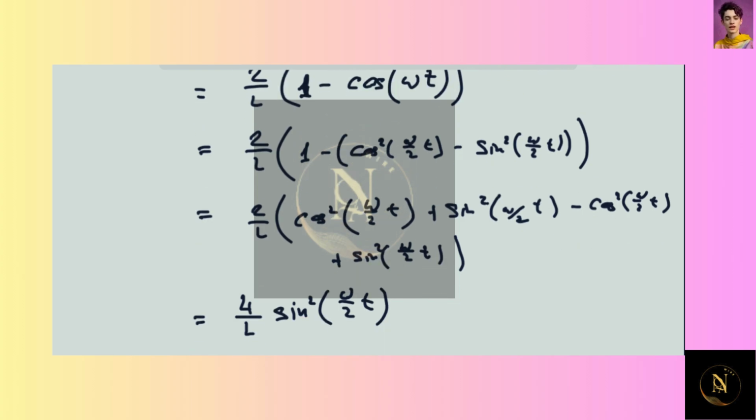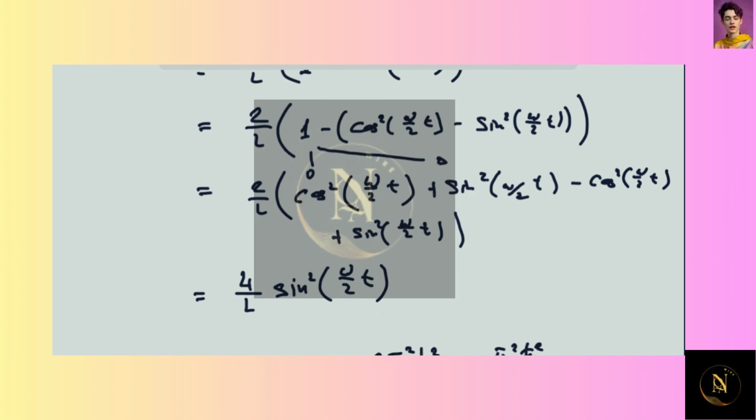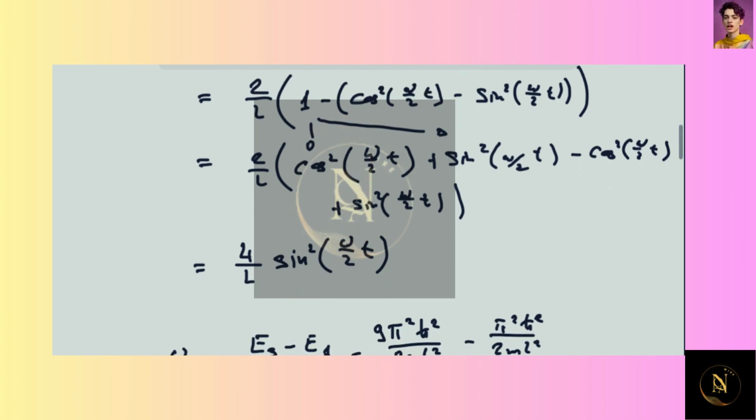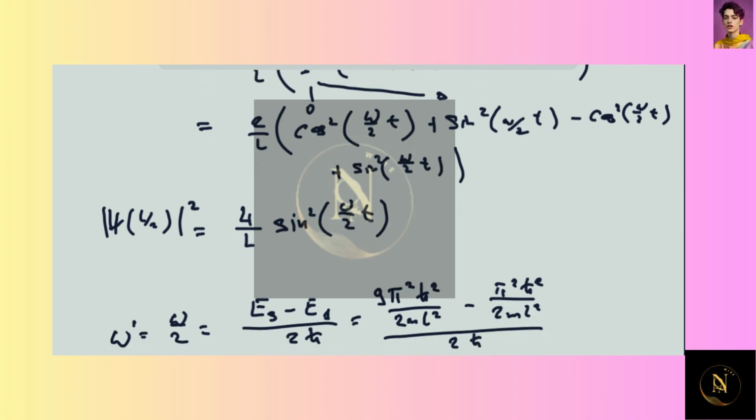So I can write 1 as cosine squared omega over 2 times t plus sine squared omega over 2 times t. And so making these substitutions, we find that psi at L over 2 mod squared is equal to 4 over L times sine squared of omega over 2 times t.